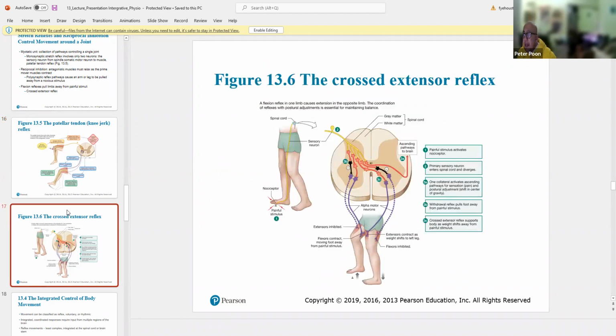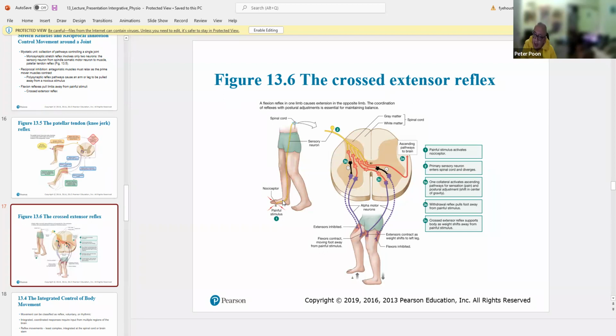The even more complicated one is the cross extensor reflex. Imagine you're walking along and you step on a nail with your right foot. Your goal now is to get your right foot off the ground. But to get your right foot off the ground and off the nail, your left foot better plant, and plant hard.